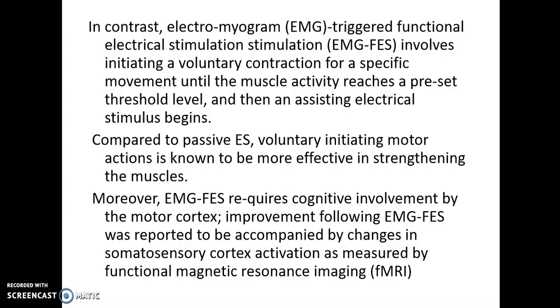So applying EMG FES along with the functional activity helps in involvement of somatosensory cortex activation. This has been proven by fMRI, which can show the physiological changes happening in the body, especially in the brain, during EMG FES, showing that the somatosensory cortex activation is also present during functional activity.